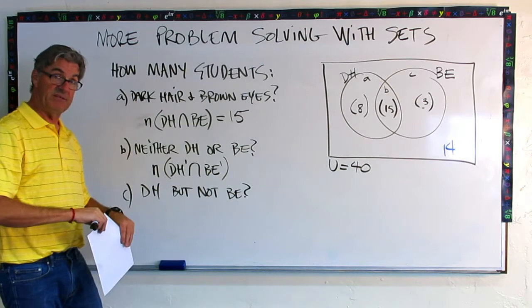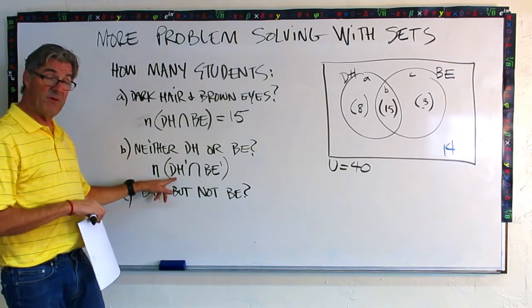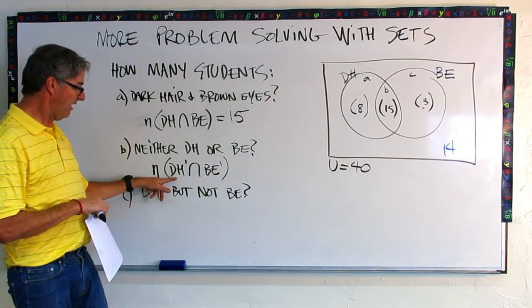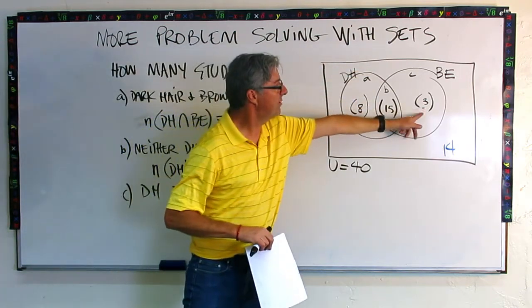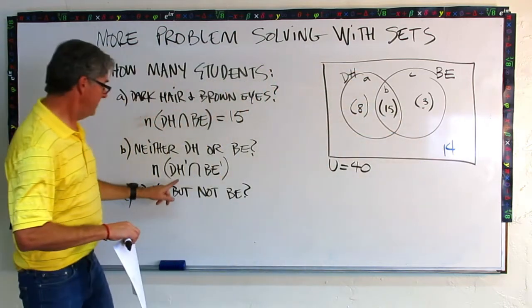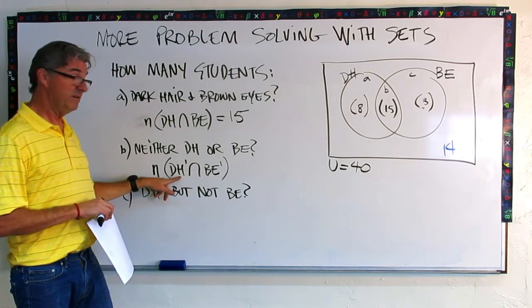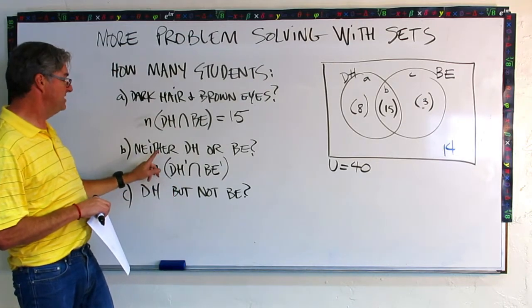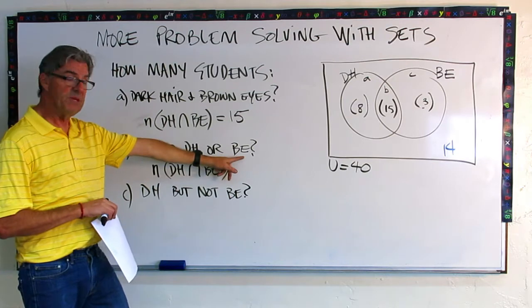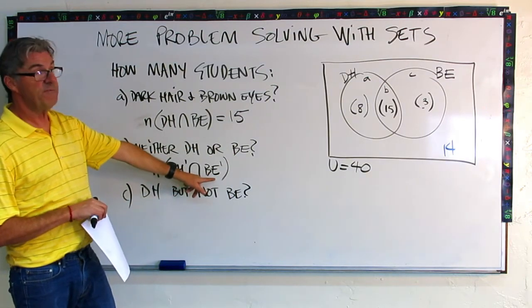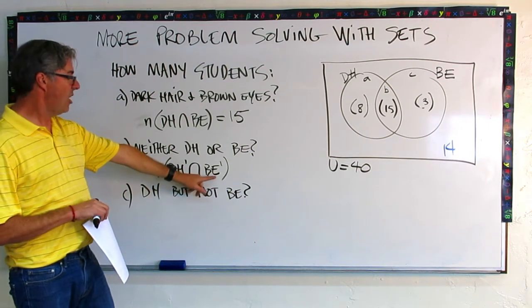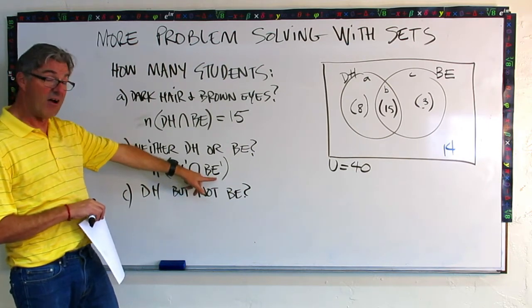And what this means, these are all the people that are not in dark hair. So everybody outside the dark hair circle. There are some brown-eyed people in the complement of dark hair. But we can't have that because this is neither DH or BE. So we have to intersect this complement with the complement of brown eyes. So these are all the people that don't have brown eyes.